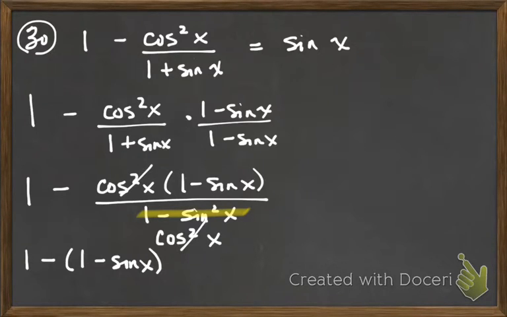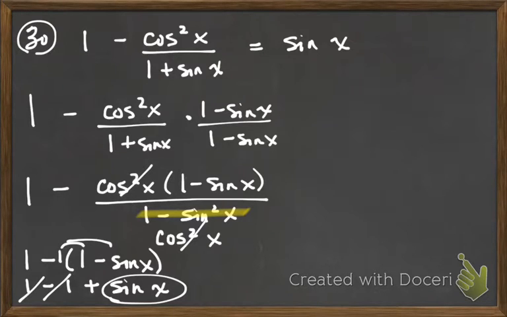What would you do next? All right, and you would get 1 minus 1 plus sine of x. Ones cancel and you just get sine of x, which is the right-hand side.